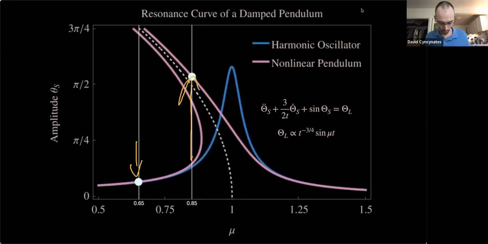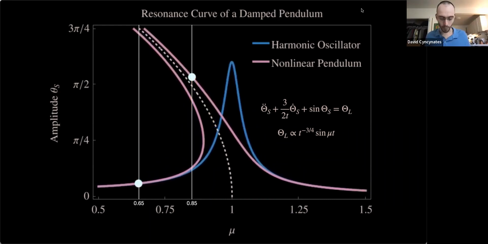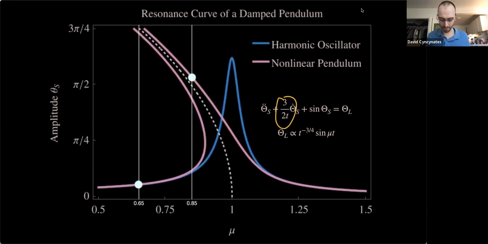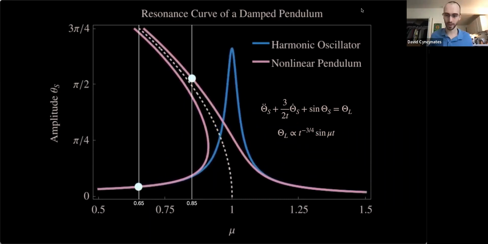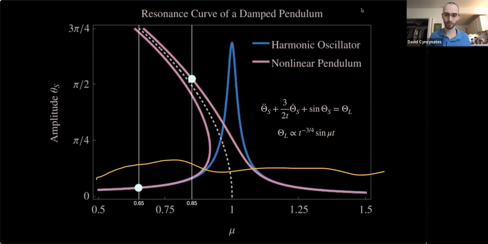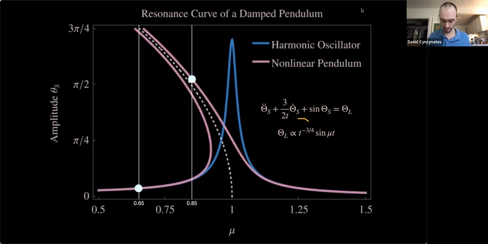So why did that happen? Well, this is all because the Hubble damping falls off faster than the long axion amplitude. In other words, at early times, the damping is large, which flattens out the resonance curve. But at late times, the resonance curve is sharply peaked because the damping is negligible compared to the driving.